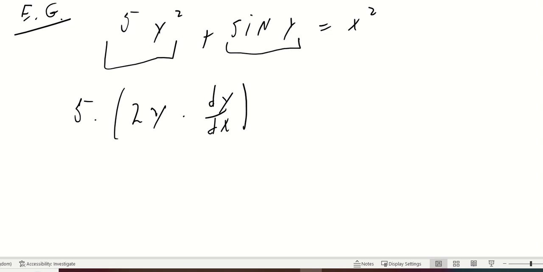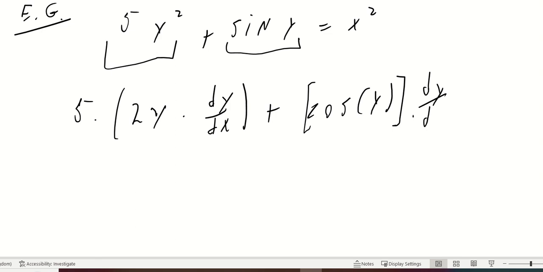Again, it's the chain rule, so we differentiate the outer function, which is sine, and we get cosine of y. Then we multiply by the derivative of the inside function, which is y, so that's just dy/dx. So that's an application of the chain rule. I'm going to show you in another video exactly why that is, in case you're confused by that.